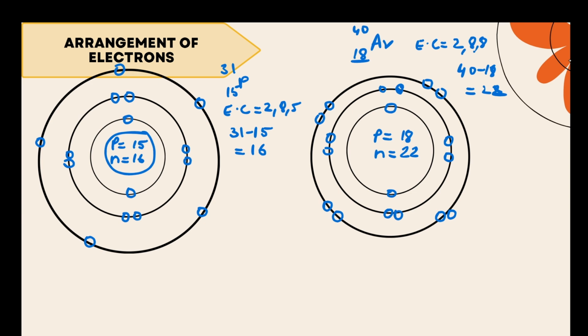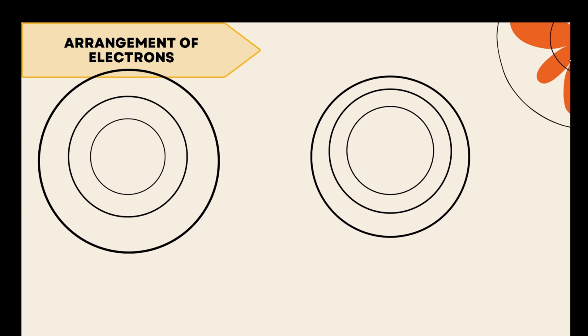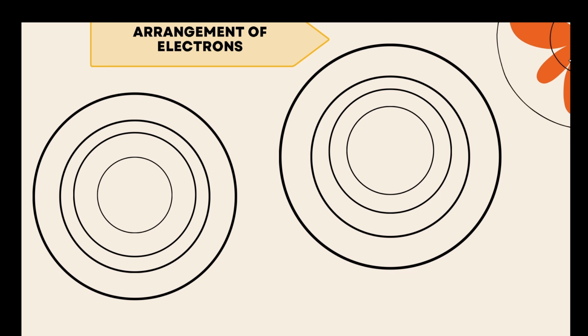I hope the structures are clear and how you have to write the electronic configuration. Lastly, we'll see the last two elements, potassium and calcium. Potassium has atomic number 19 and mass number 39. The electronic configuration will be 2, 8, 8, 1. The number of neutrons will be 39 minus 19, so 20 neutrons.